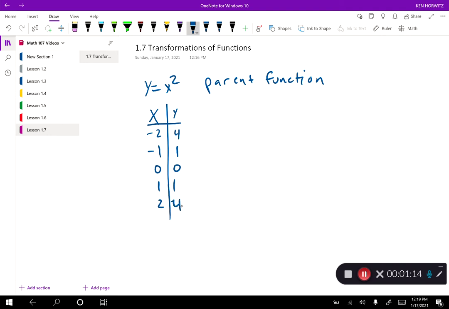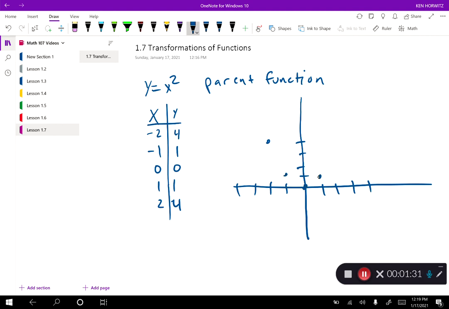All right, and our parent function graph is going to look something like this. So if I go -2, 4, -1, 1, 0, 1, and 4.